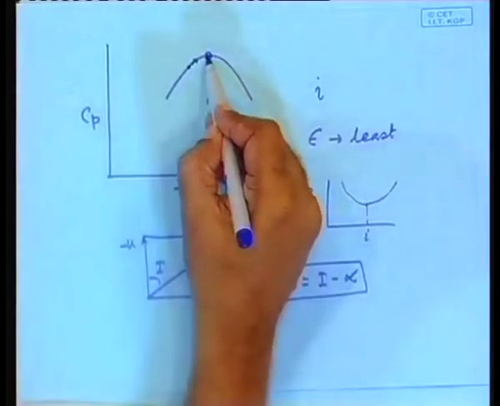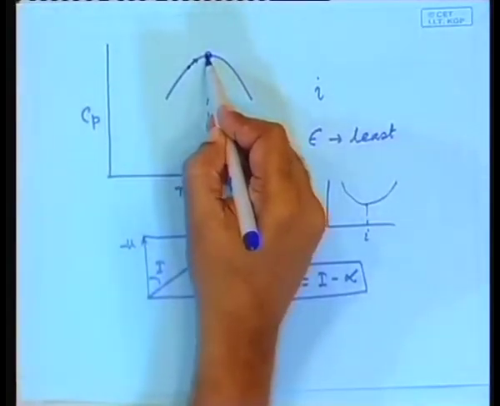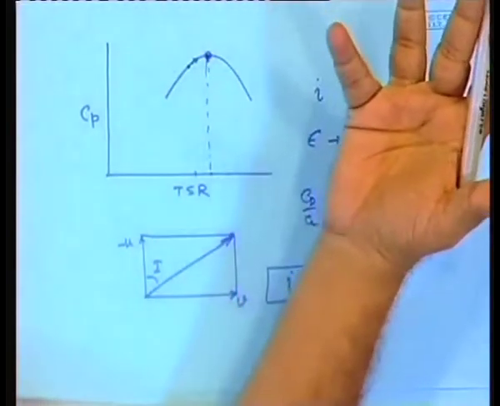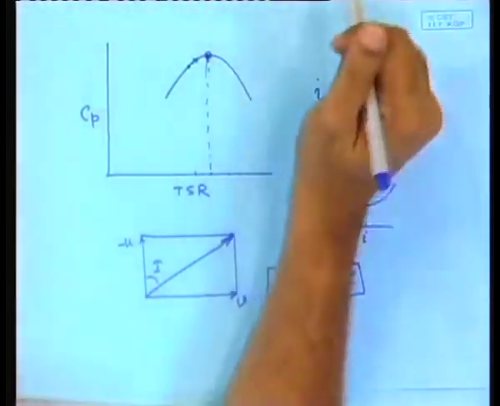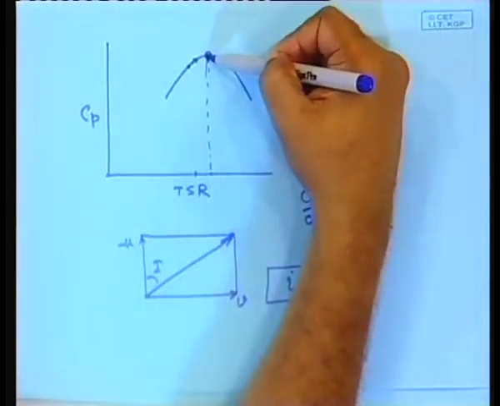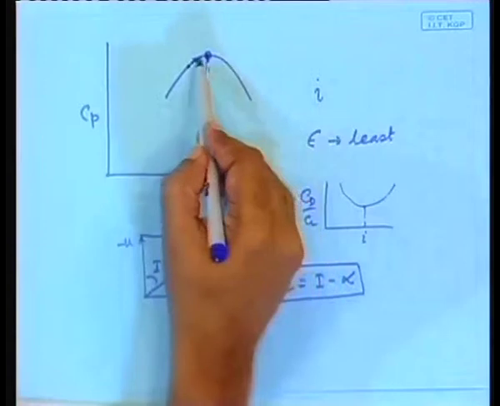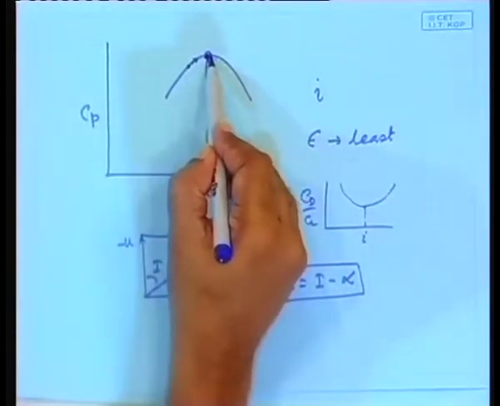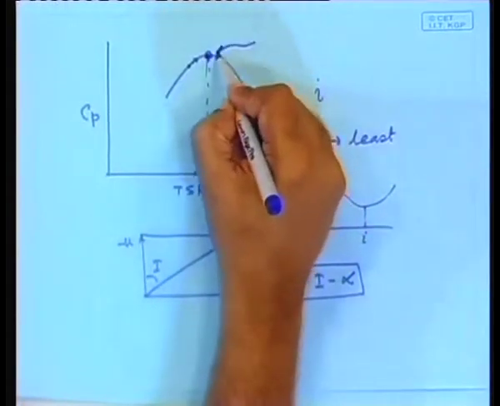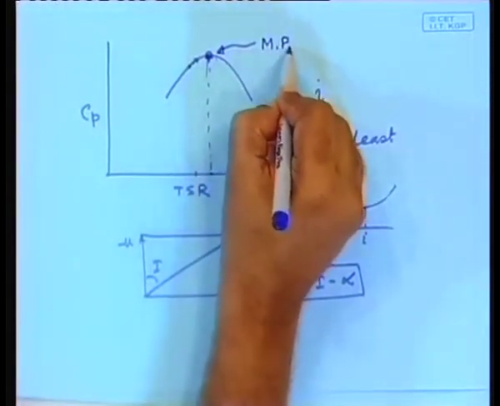It will speed up and it will come back here. When it has come back here, you have no more power available. Then you again increase the power output, but by then it has reached here. Clear? So, all the time you can work in the neighborhood, in the vicinity of this maximum power point. Here is the maximum power point.